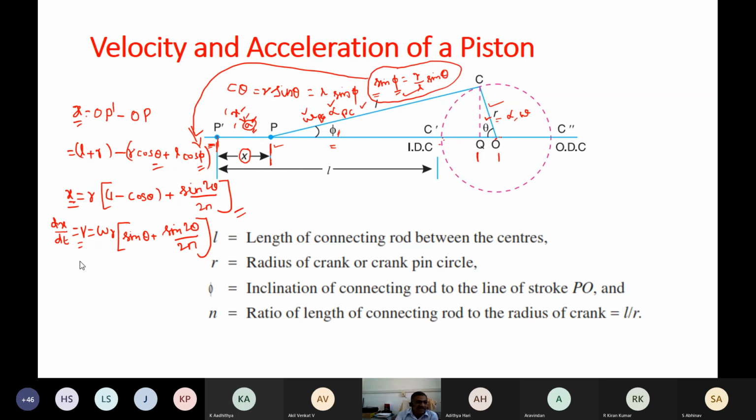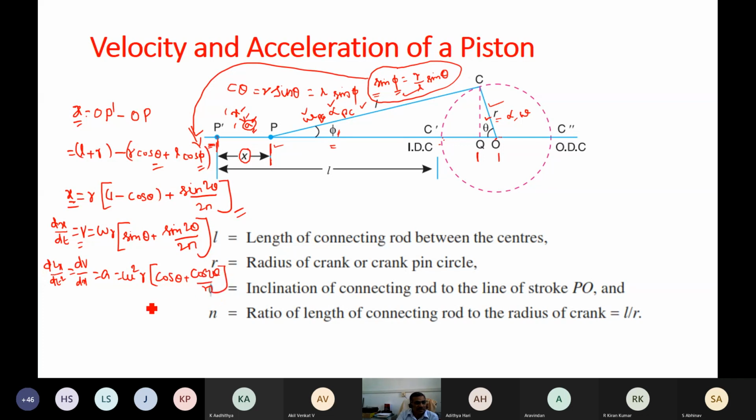You differentiate once again. That is d square x by dt square, or dv by dt, which is equal to acceleration. What will be the equation for acceleration? That is omega square R into (cos theta plus cos 2 theta by n).